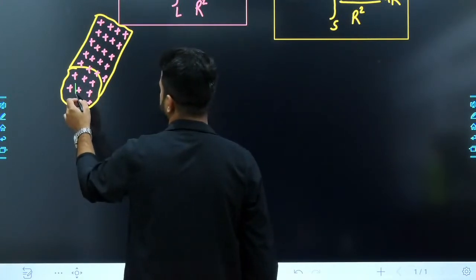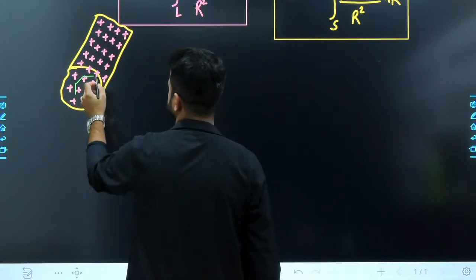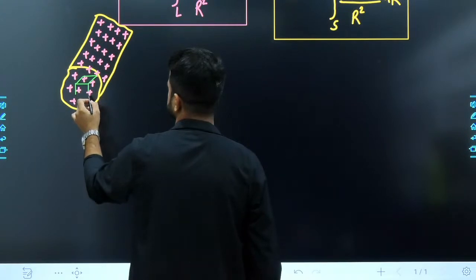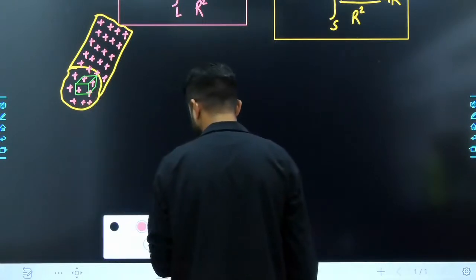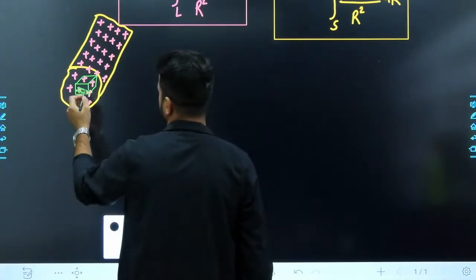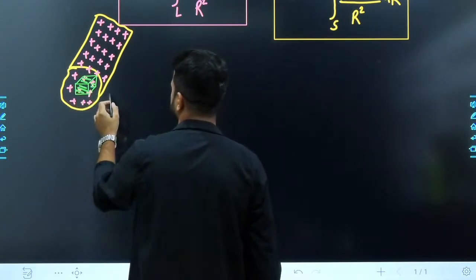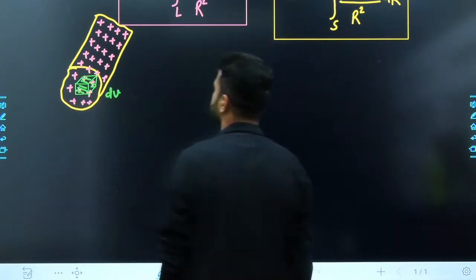Now let's take a small elemental volume, which is given as dV.